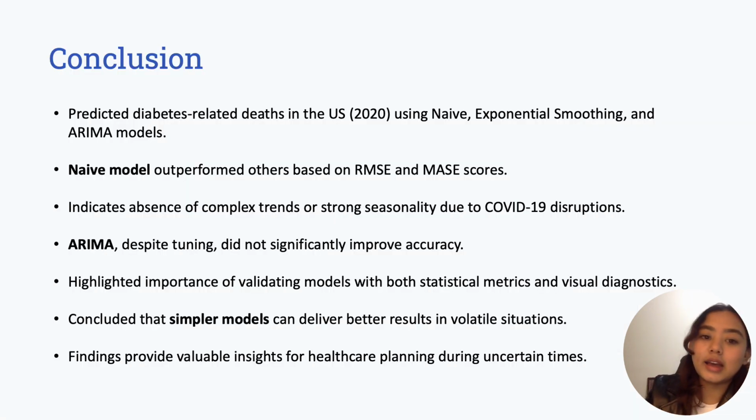Lastly, I'll conclude. Our predictive analysis showed that the naive model was most reliable for forecasting diabetes-related deaths in 2020. As we can see from all the figures and the descriptions of the results, the absence of strong trends or seasonality, likely due to disruptions from COVID-19, means that complex models like ARIMA did not offer better accuracy.